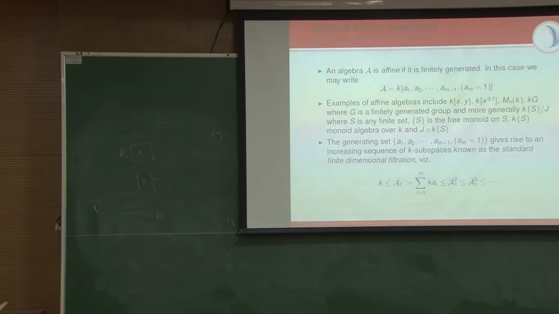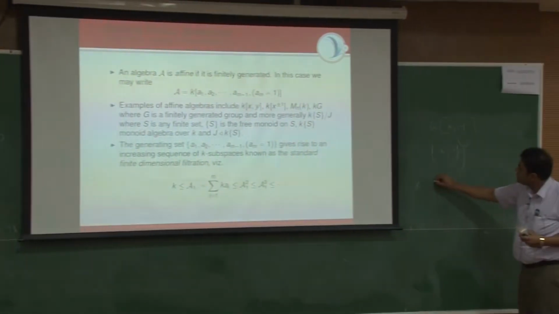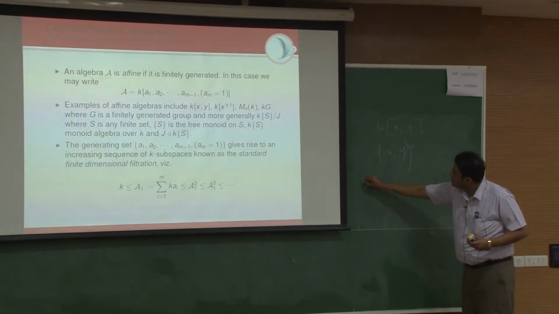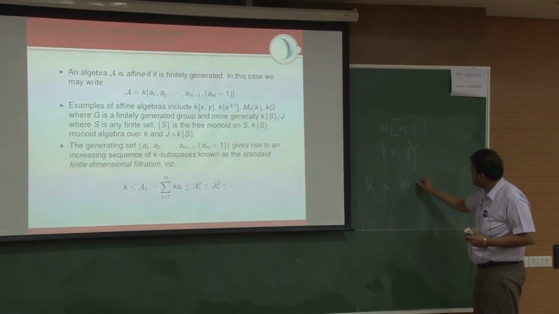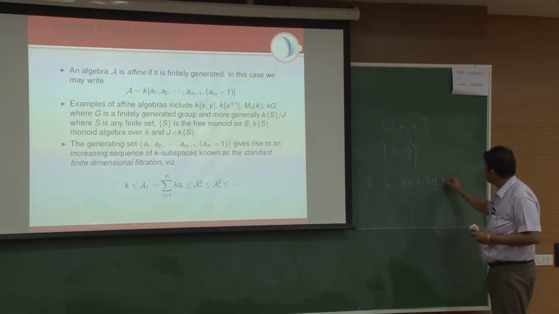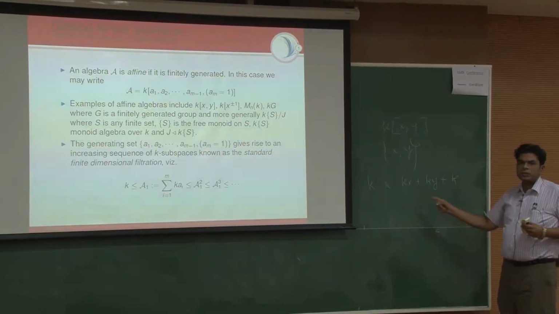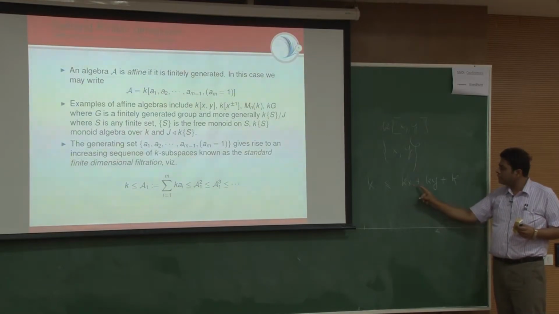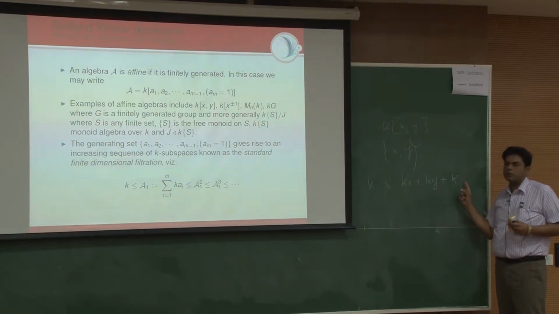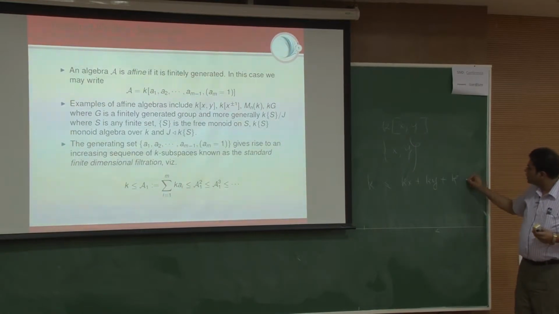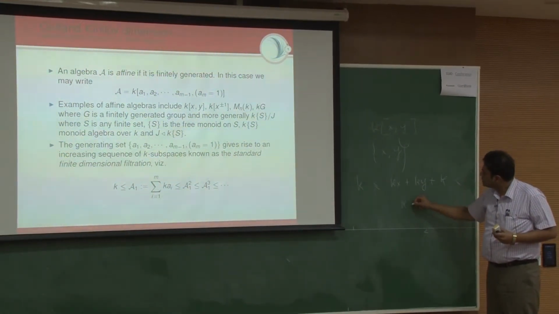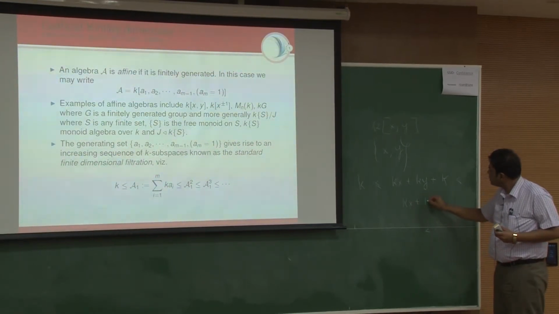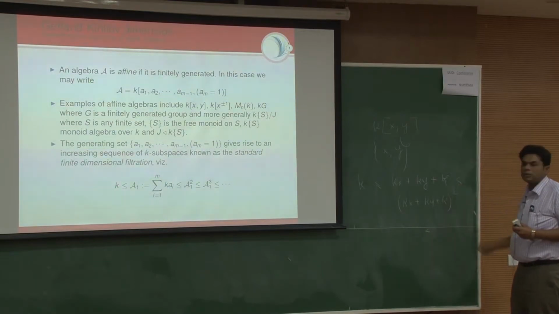So I write this filtration. I begin with K, and the second term is Kx plus Ky plus K. This stands for the subspace which is the span of x, y, and 1. Now the third term in this filtration is this thing squared.